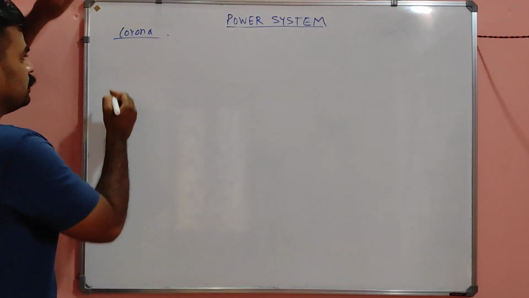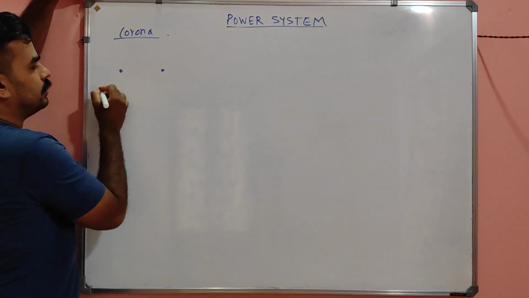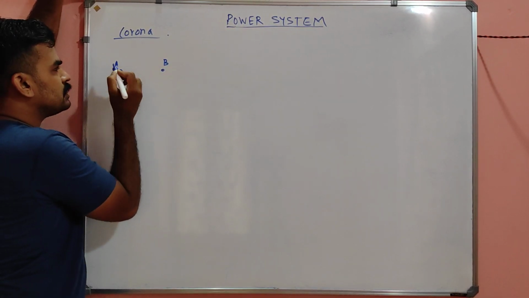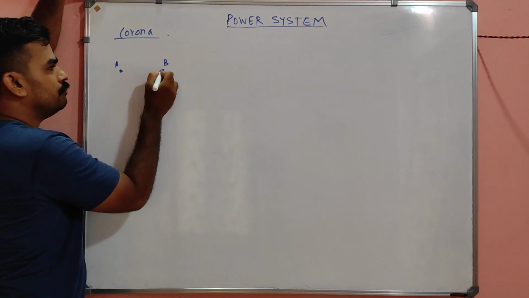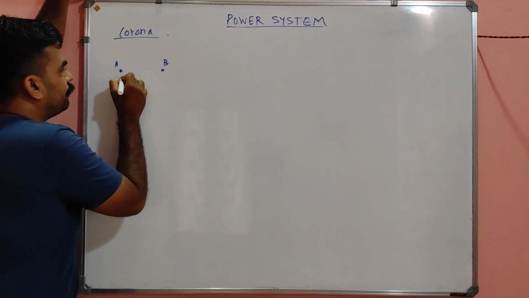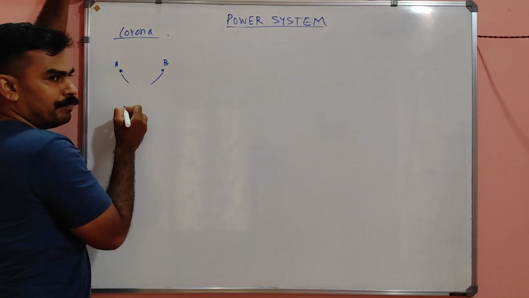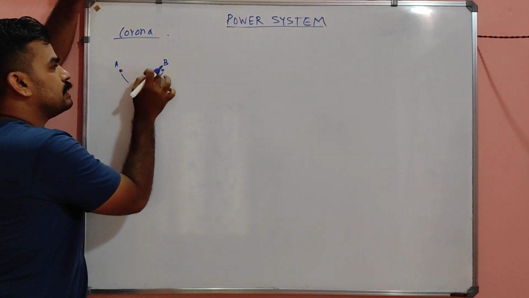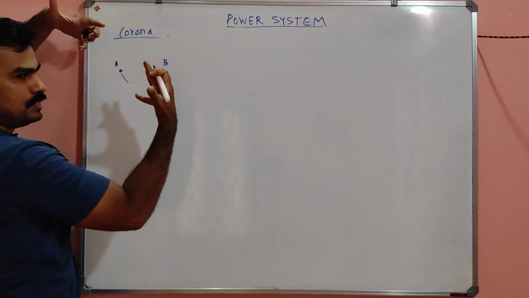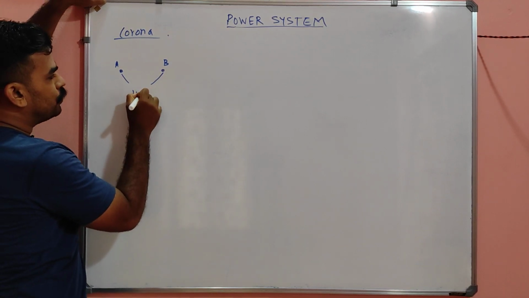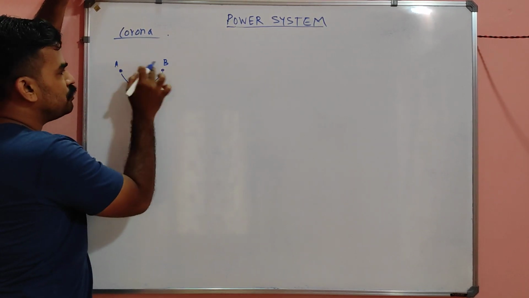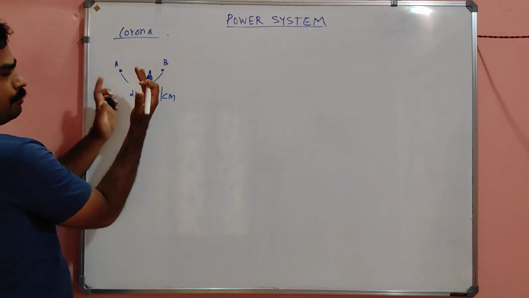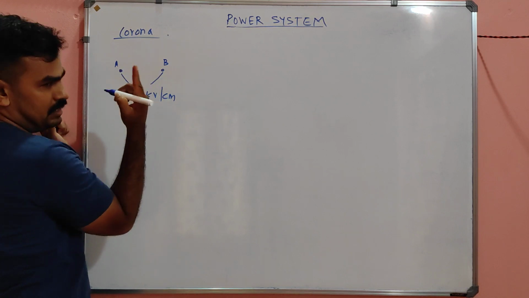See, my dears, suppose this is conductor A and this is conductor B, both high voltage carrying conductors. If there is a potential difference, or a stress of 21.2 kV per centimeter between these two conductors, suppose these are separated by 1 centimeter.